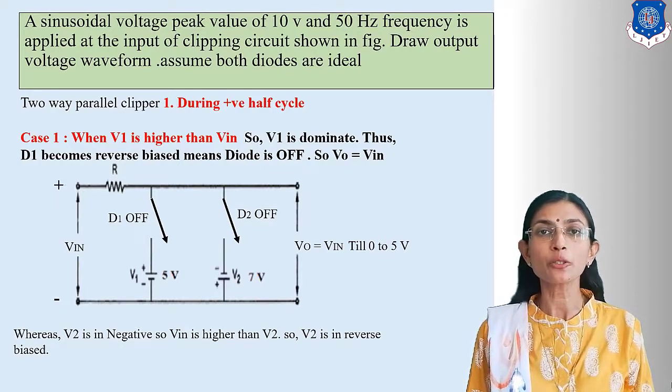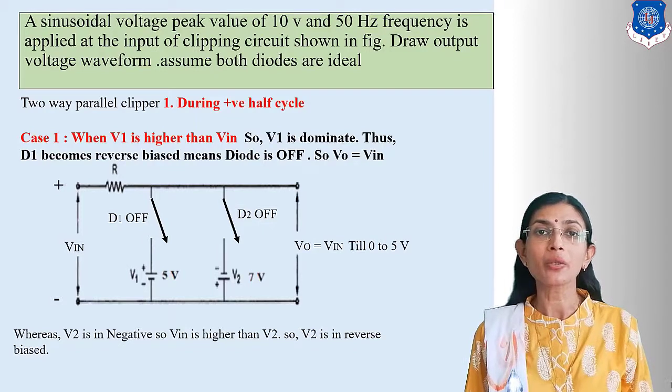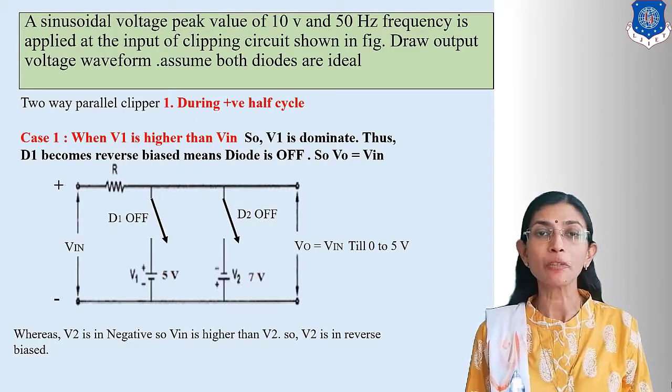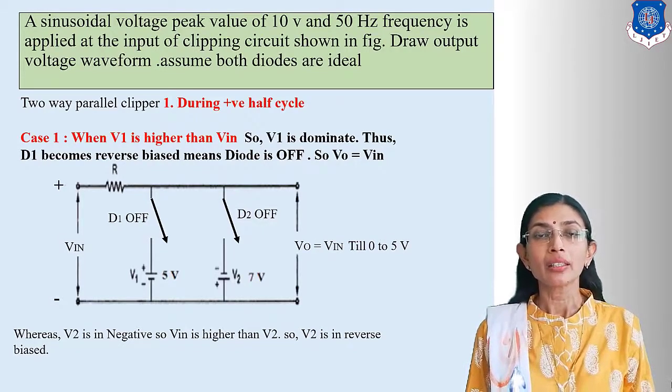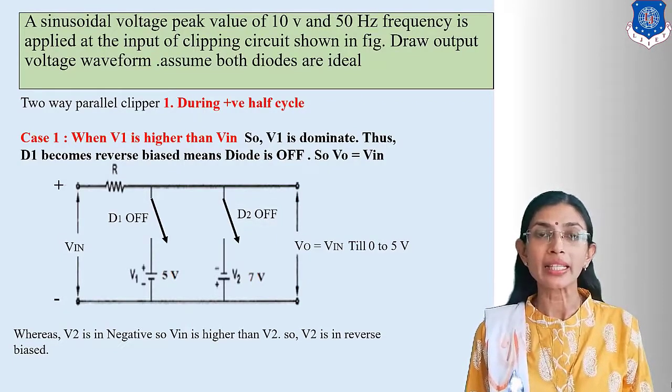So between 0 to 5 volt, V1 is more effective, so D1 and D2 both are reverse biased, open switch. If both diodes are open, then it acts as a window, that means output follows the input exactly.